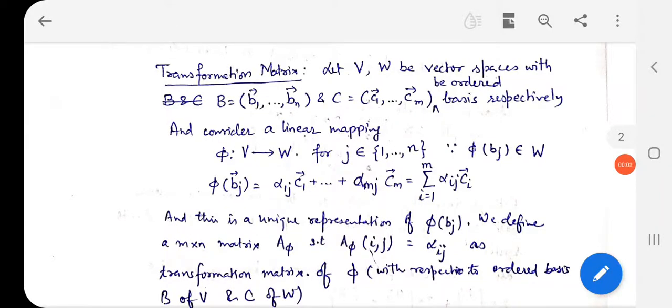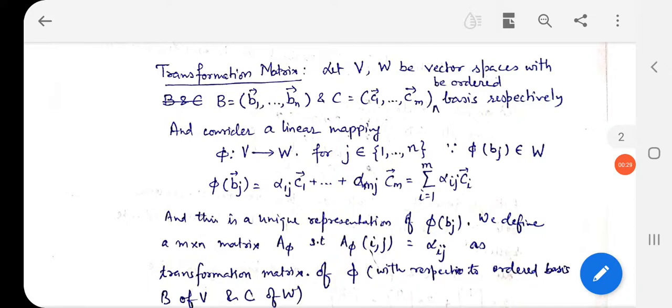In the previous video, we talked about coordinates with respect to a basis, so how to find out the coordinate of a vector with respect to a particular basis in a vector space. Now, this particular portion is to find out the transformation matrix.